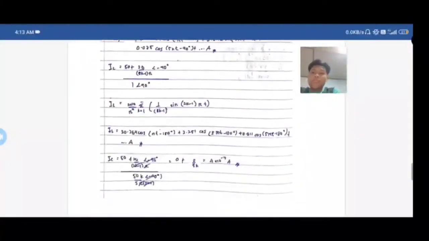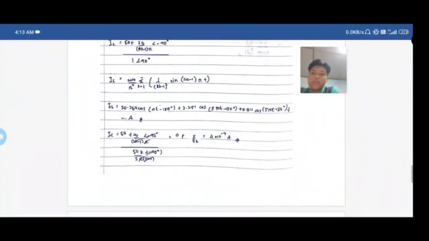And then the final answer for the current at the inductor branch is 20.264 cos n t minus 180 degree, and the sequence until it reaches its limit, and the unit is ampere.